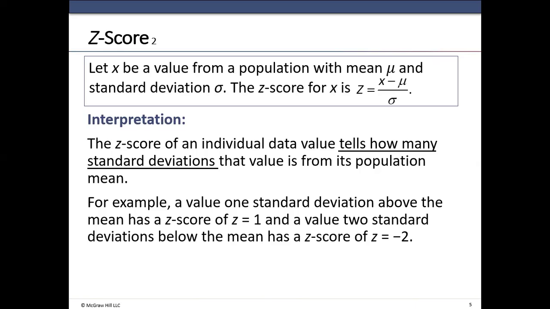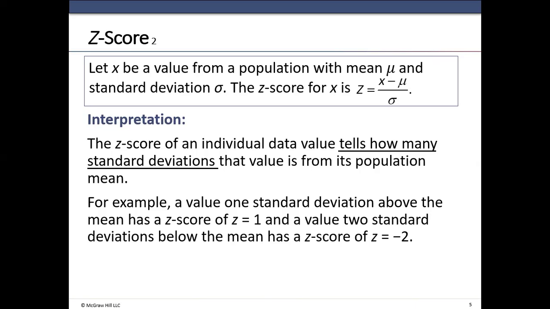If X is less than the mean, then the z-score will be negative and it tells us how many standard deviations the number X is below the mean. For example, a value 1 standard deviation above the mean has a z-score of 1 and a value 2 standard deviations below the mean has a z-score of minus 2.